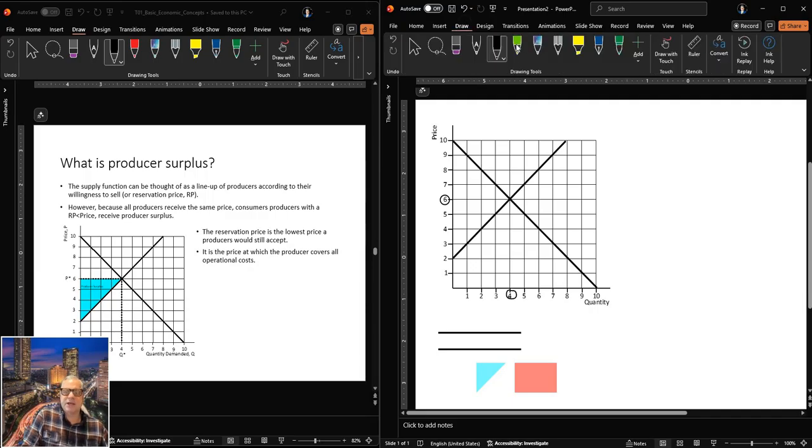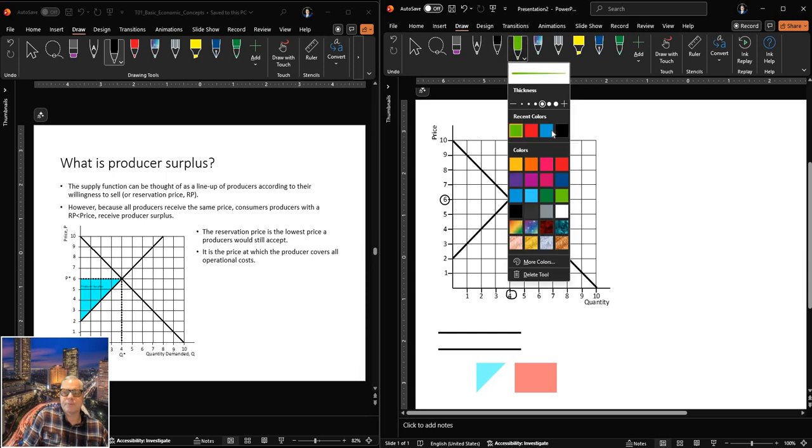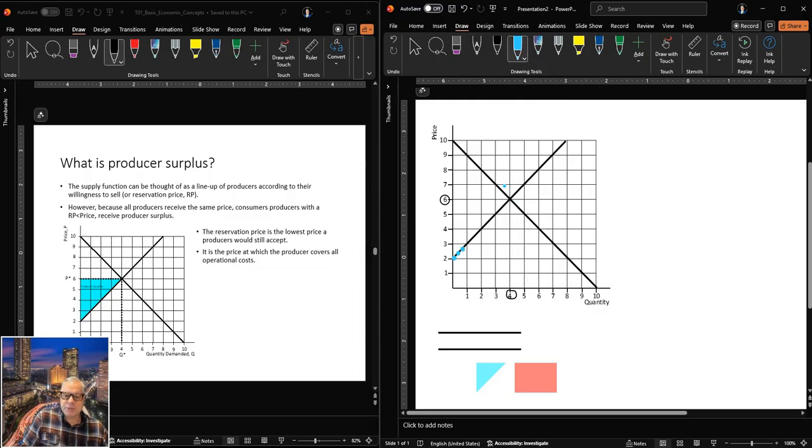So then we said there are some producers whose reservation price is much less than 6. So there are some producers who would actually sell a small amount of a good for a price of less than 6. And remember, we assume a market that is competitive. So we have a lot of consumers and a lot of producers.